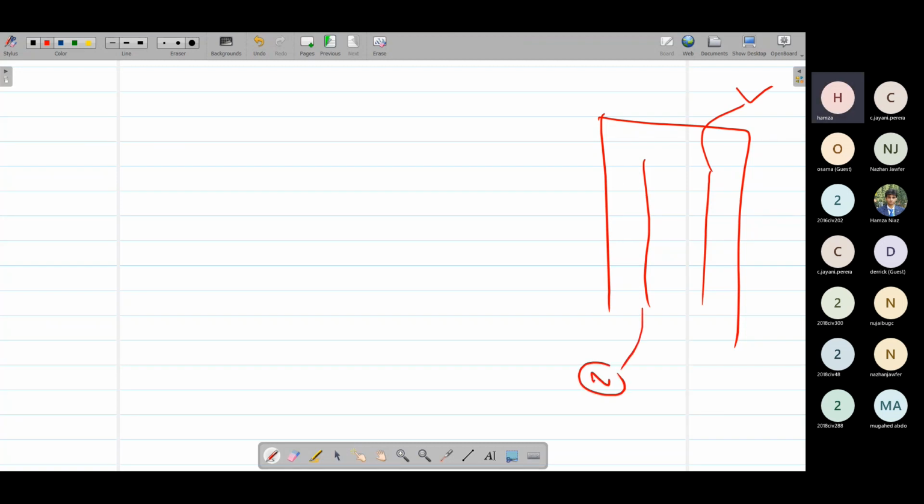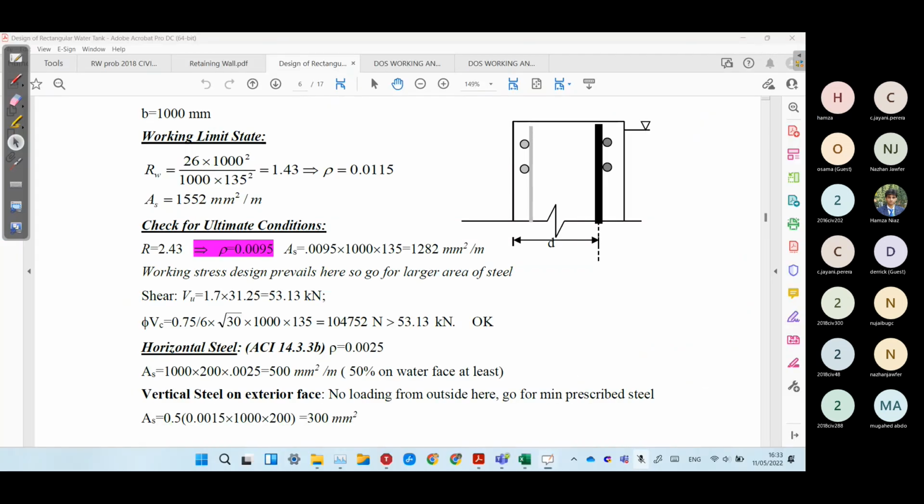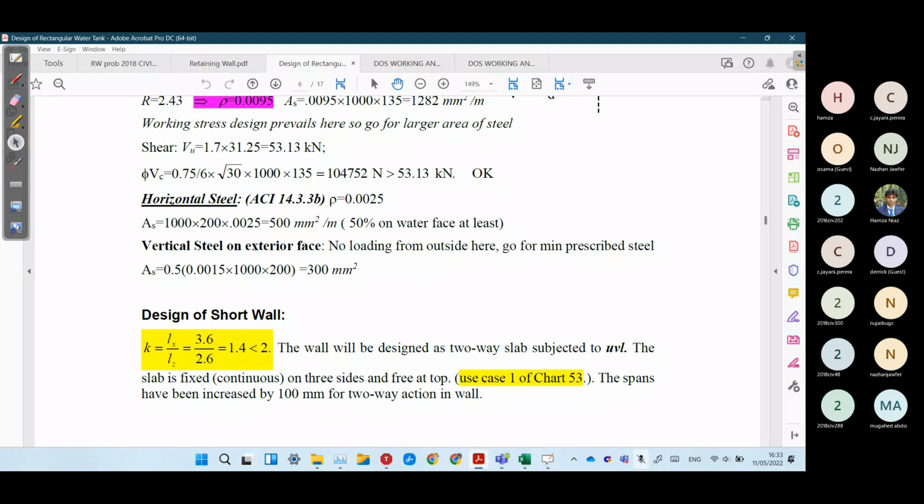This non-critical vertical steel is simply per ACI: 0.5 times 0.0015 bh. Simply the same coefficient as for the retaining wall we are going to use here, 0.0015 bh, and half because it is for half steel.